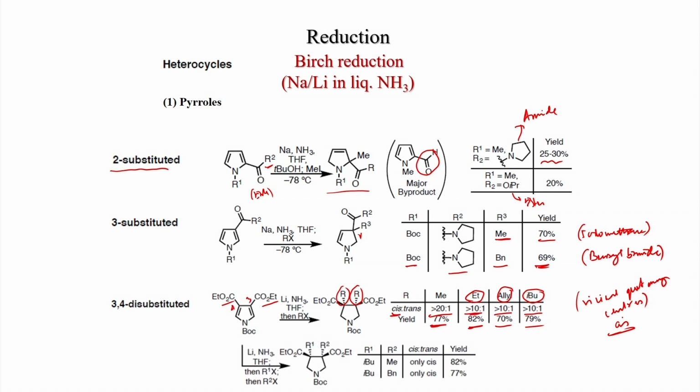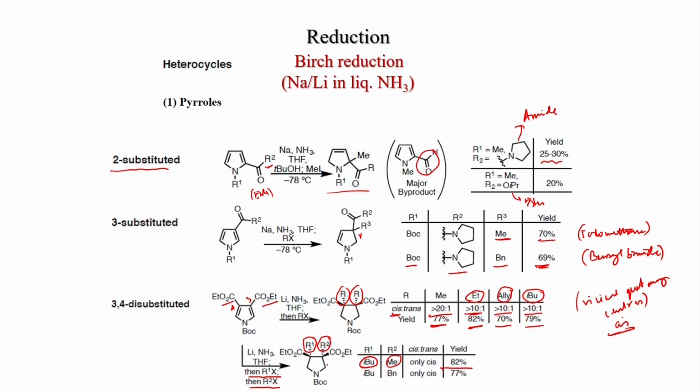Now, if you have two different alkyl halides, like the first one with R1 and the second one with R2, that also you can do. Now, one carbon will contain R1 and another R2. Suppose after lithium ammonia treatment, you add first isobutyl iodide and then iodomethane, then you get the product in 82% yield.